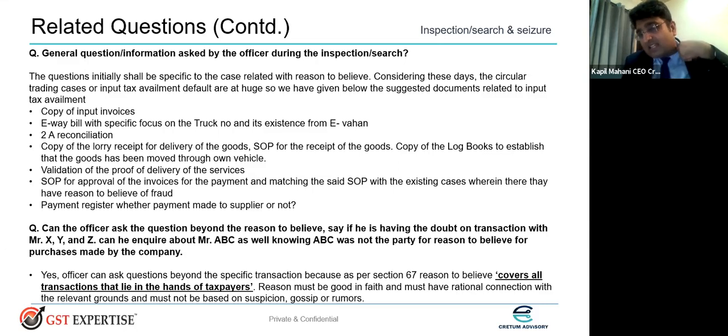So in the general case as well as for that case, you have the copy of the invoice, and you have the proof that the tax has been paid by them, because you are matching and checking that the specific vendor is making the payment by matching the vendor's GSTR 3B, that the GSTR 3B has been filed for the month in which you received the invoice, and also the GSTR 1 in your 2A, that the invoices are reflecting.